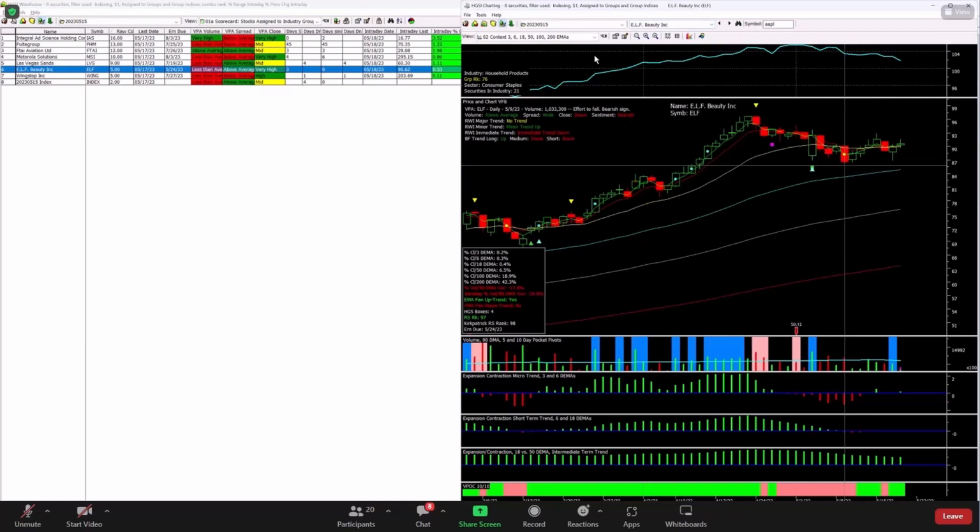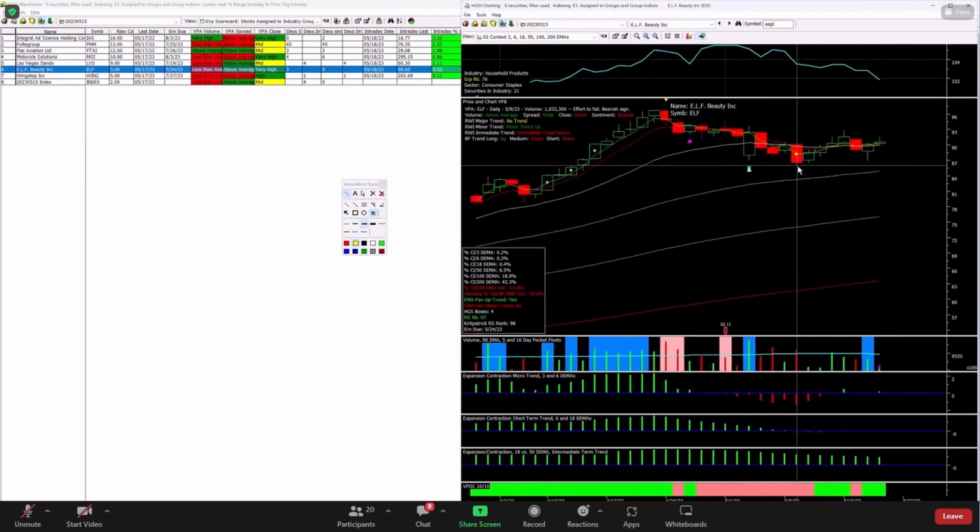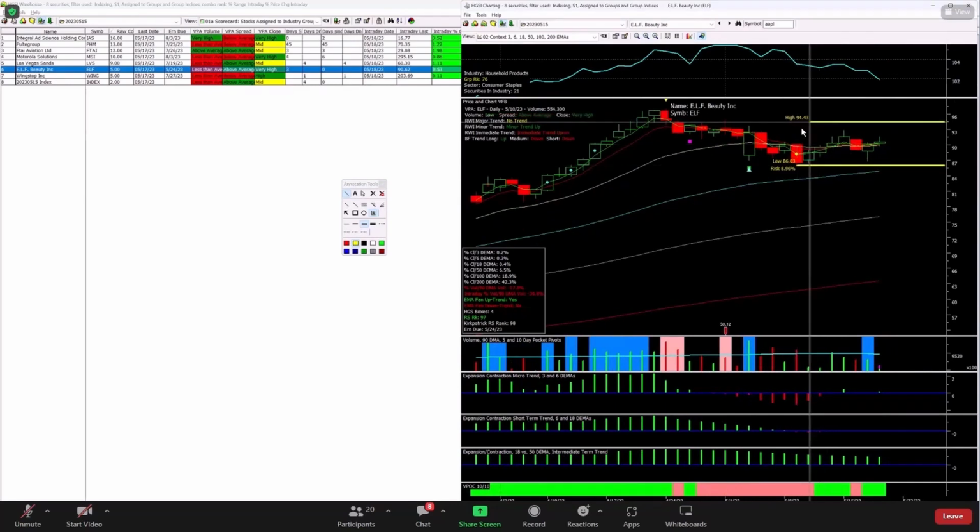Just for fun, let's bring up this tool and put it right here. And the buy point right there, that would have been about a 6% risk.